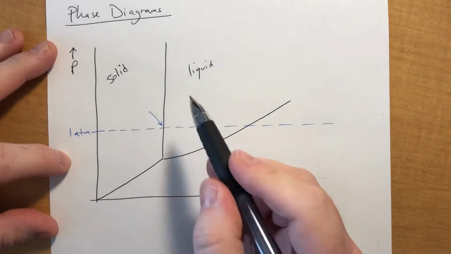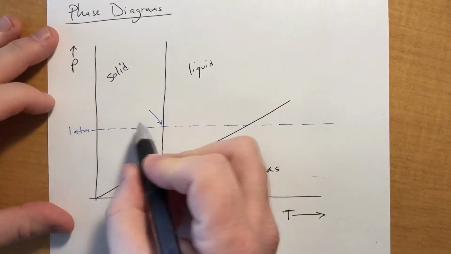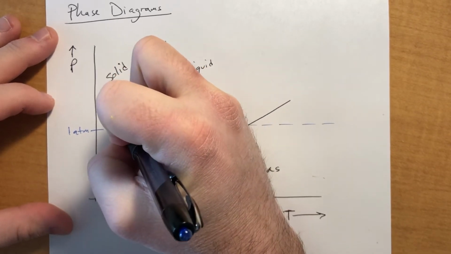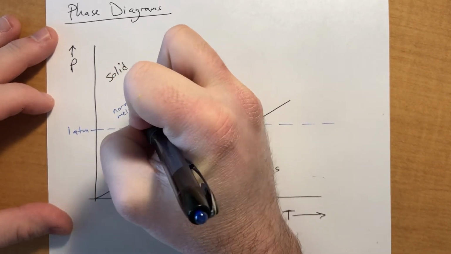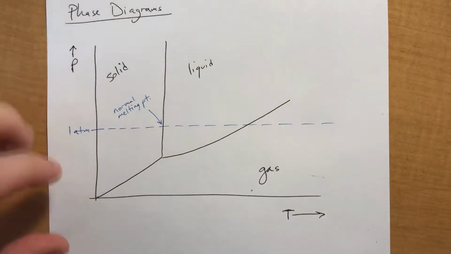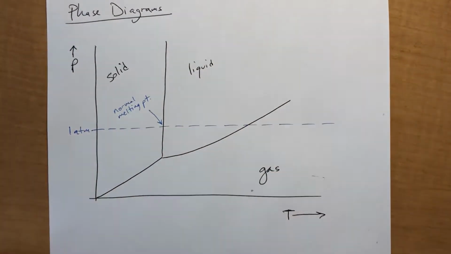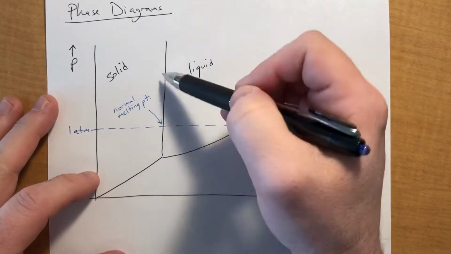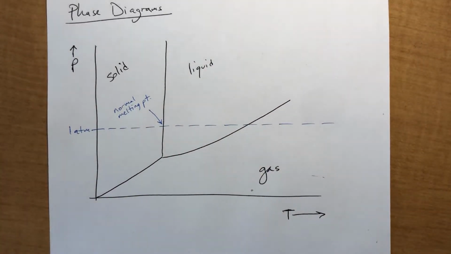So when you're going from a solid to a liquid, it's melting, right? And it's normal because it's at 1 atmosphere. I will tell you this line tends to be pretty much vertical. I can't guarantee I drew it very vertically, but really if you change the pressure, the melting point's pretty consistent.